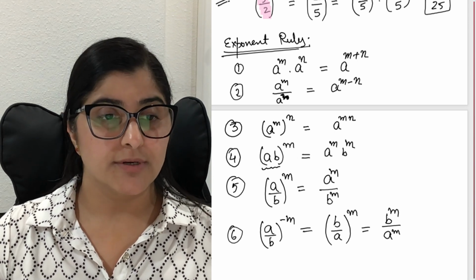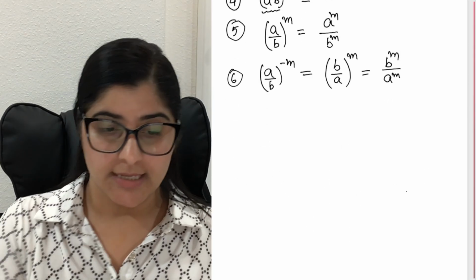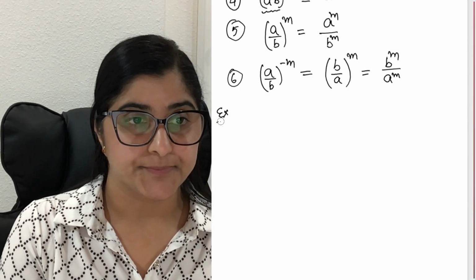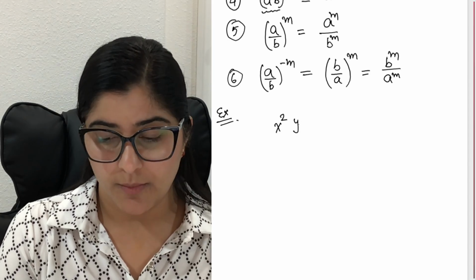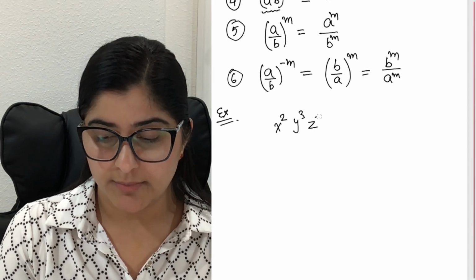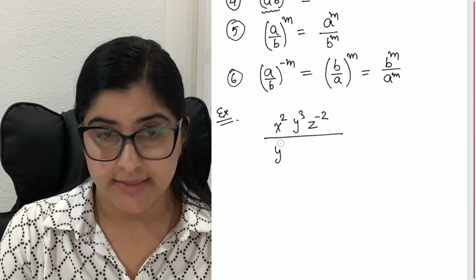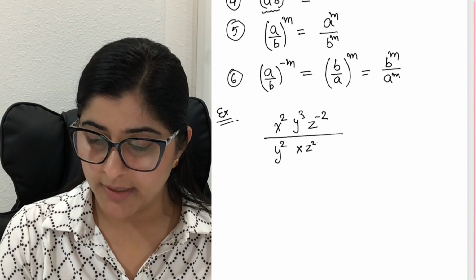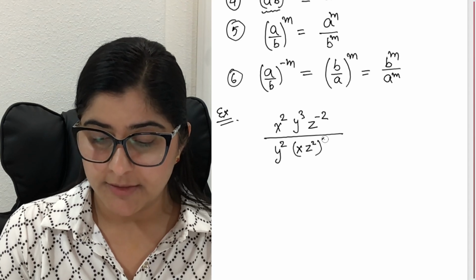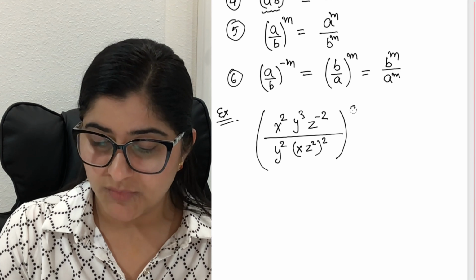So let's try to answer one question where we will use all these rules and simplify the expression. So x squared y cubed z has power -2 over y squared times x times z squared has power 2, and everything has power 3.